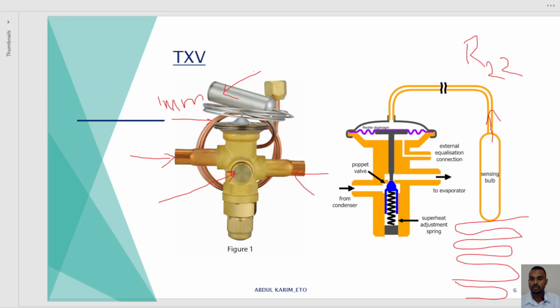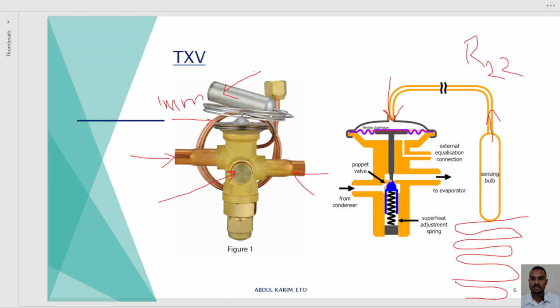It discharges a vapor. When this high pressure vapor comes here, at that instant it creates a downward force. When this downward force is applied over the diaphragm, the diaphragm goes down. As the diaphragm goes down, the path between the poppet valve and that region will be increased.